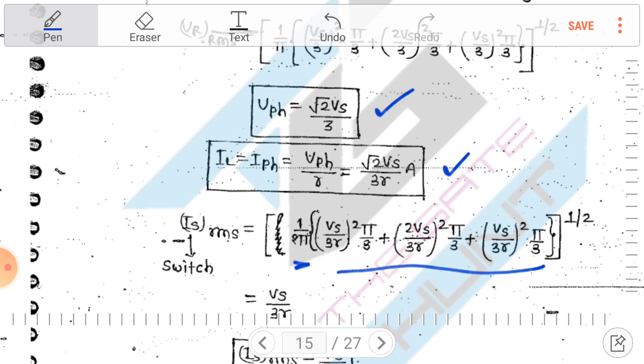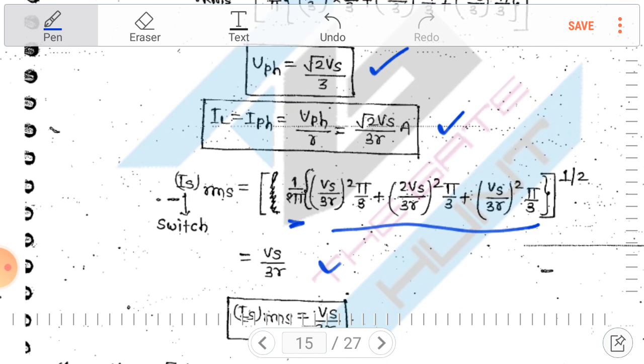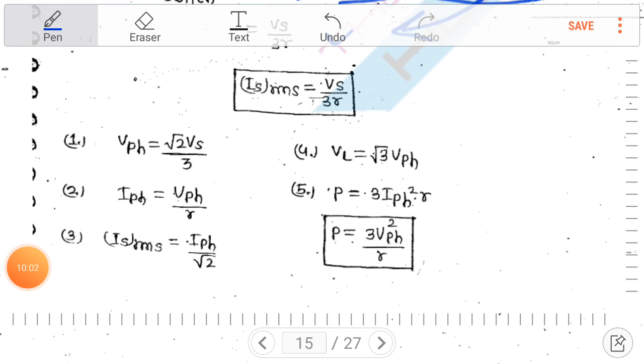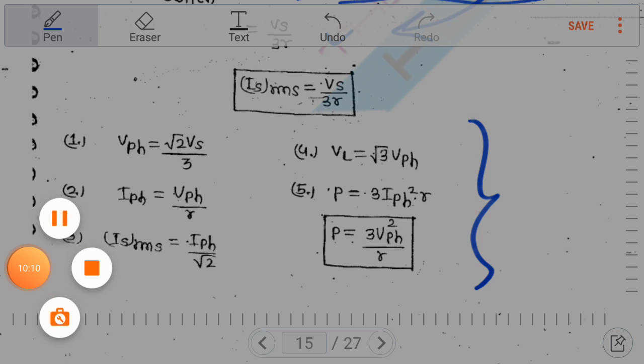So IS RMS is Vs by 3R, divided by root 2 from the load current. The other parameters we can find by using simple formulas.